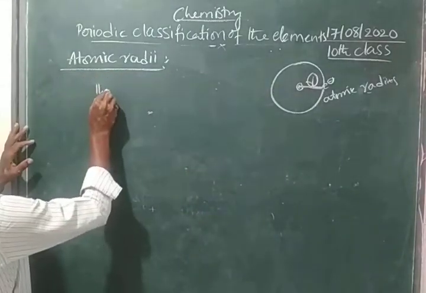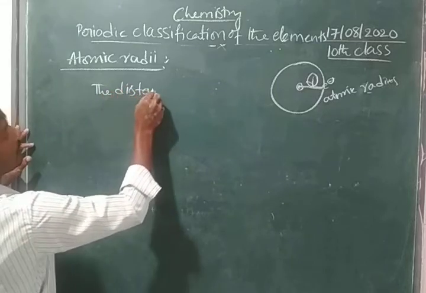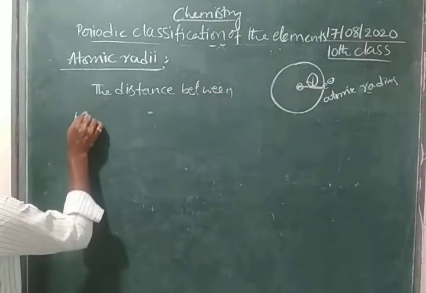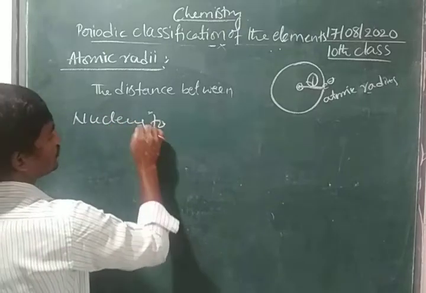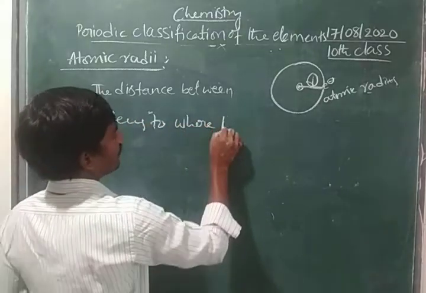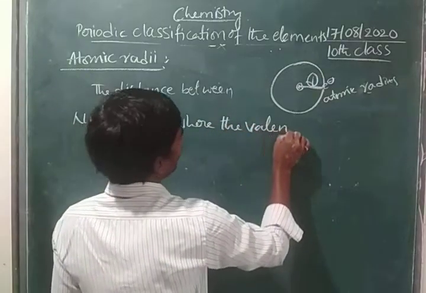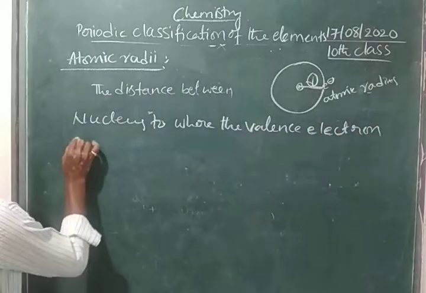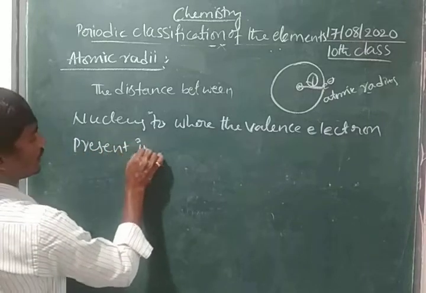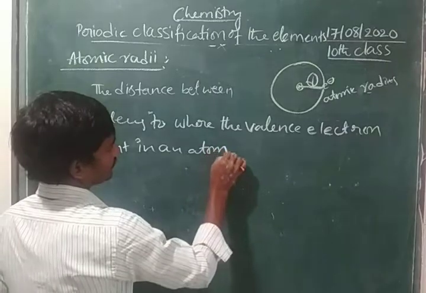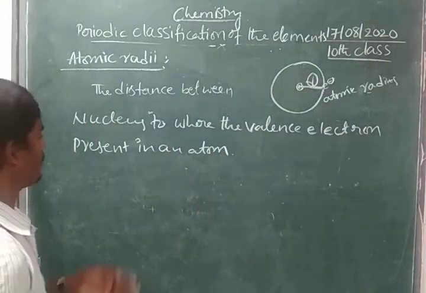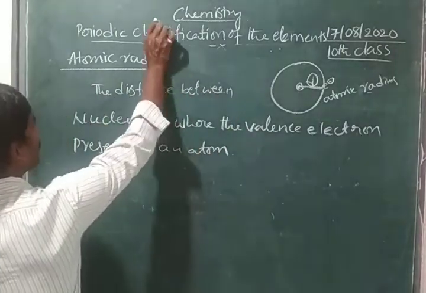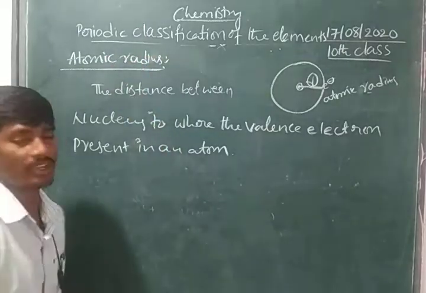The distance between the nucleus and where the valency electron is present in an atom is called the atomic radius.